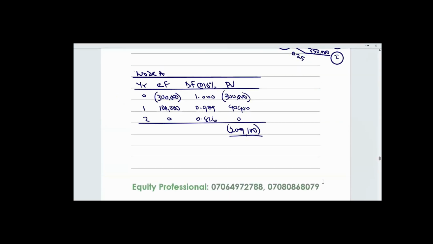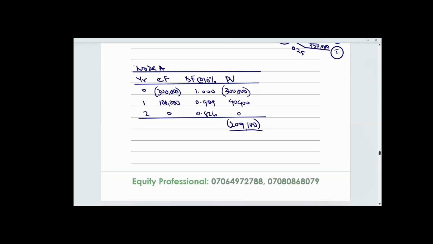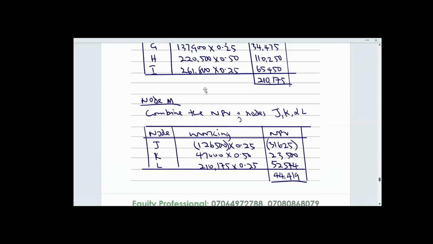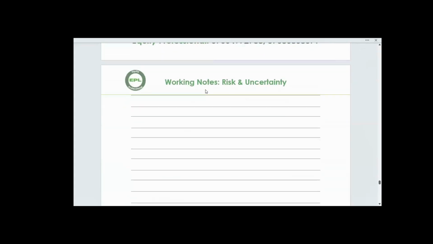That's our final answer. This is node N. Node N is equal to node M, which is equal to 44,419.